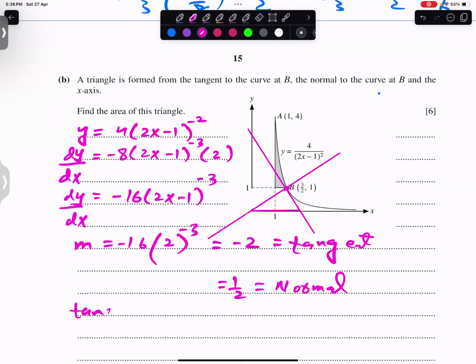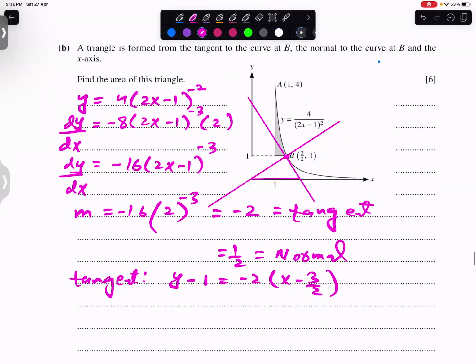Let's find first of all the tangent. So the tangent line will be y minus 1 equals -2 times (x minus 3/2). This is the formula of the equation of a line. Actually, we don't need the equation of the tangent, we just need this coordinate. So how do I find this coordinate? Ahmed, can I put y = 0 to find the value of x?